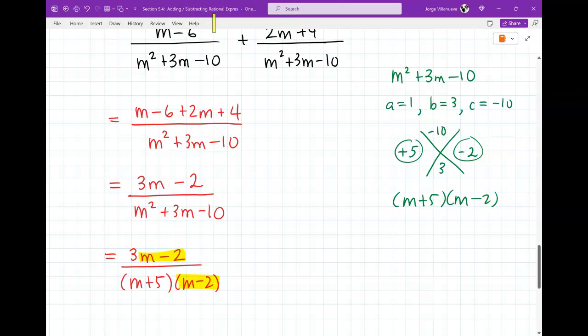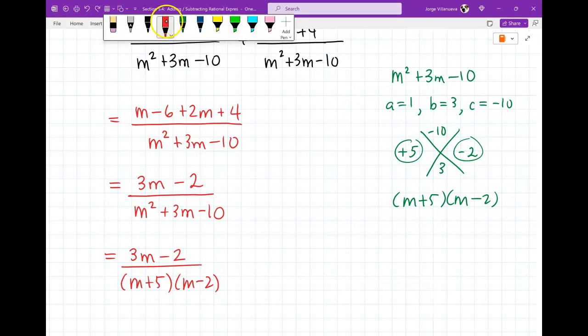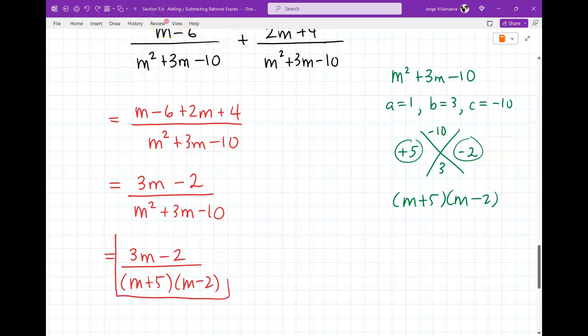No. But they match. It's touching the 3. Everything has to go, not just parts of it, right? So I leave it like that. I'm done. So did I waste time factoring it? Sure. But then again, simplify means to factor, so I guess I'm just following directions. Okay? So, all right, there you go.